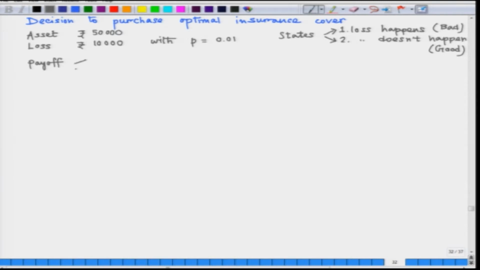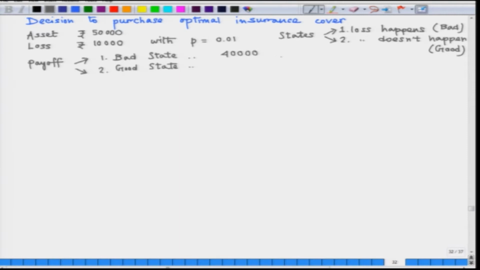So, payoff again it could be for bad state and good state.